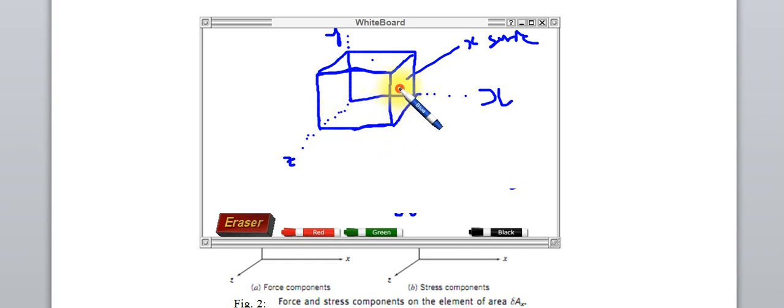Now when a force is applied on this surface, its direction will be in the x direction. This will be Fx. The force applied in the y direction will be Fy. And the force applied in this direction is called Fz.